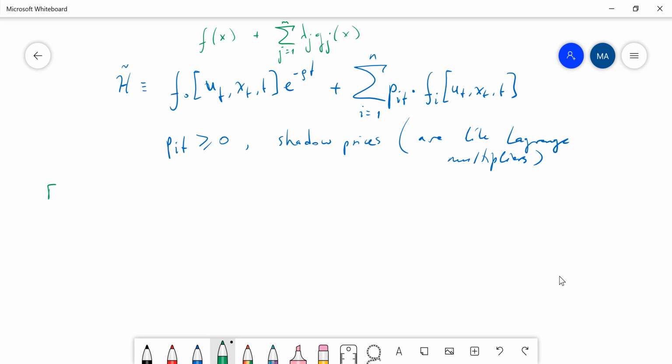Now, the first-order conditions are like this. First, with respect to your control variables, you have this.